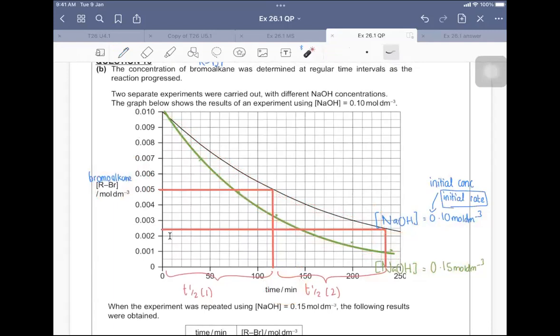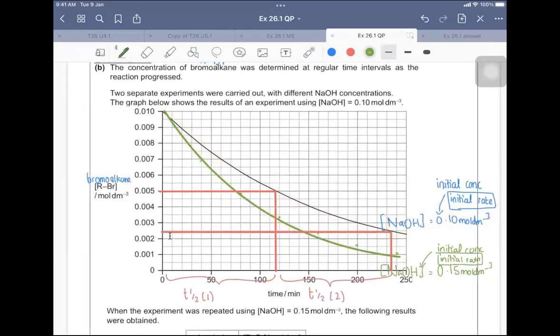So what is the initial rate when the concentration of sodium hydroxide is 0.10? And since this is initial concentration, you will then again find the initial rate when the concentration of sodium hydroxide is 0.15 mole per dm cube. How do you find rate from this graph?